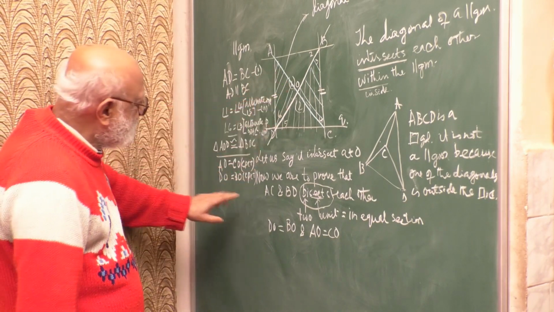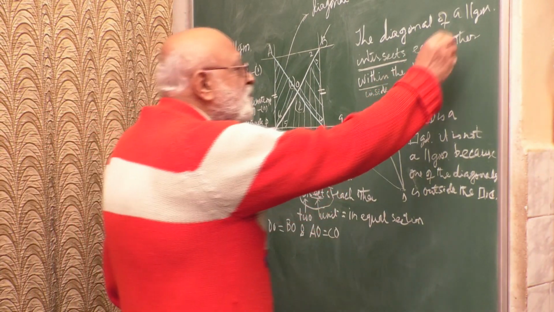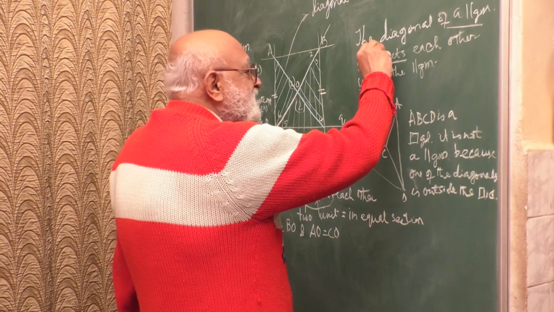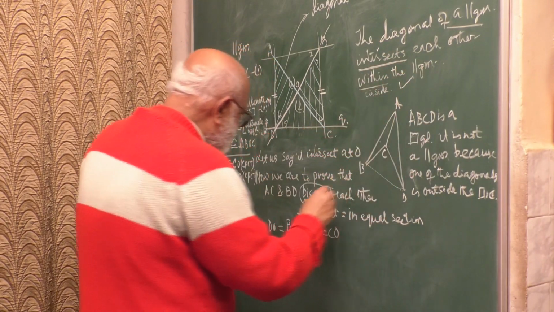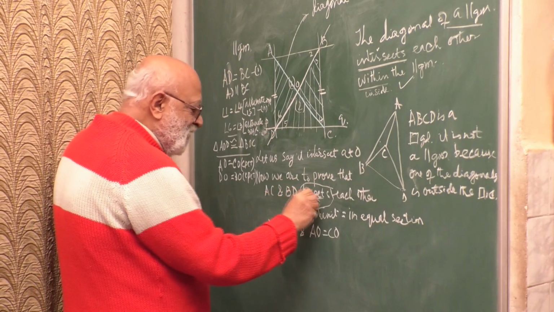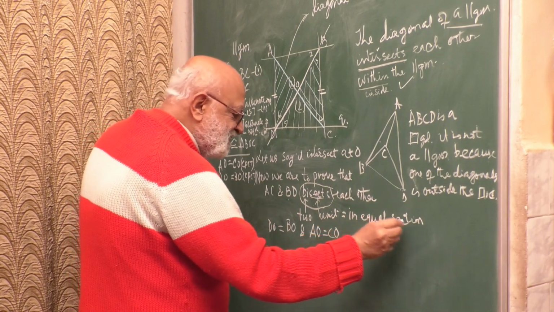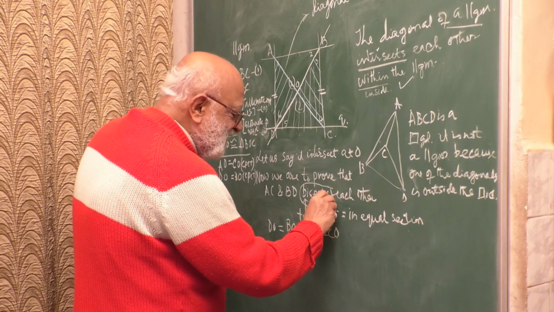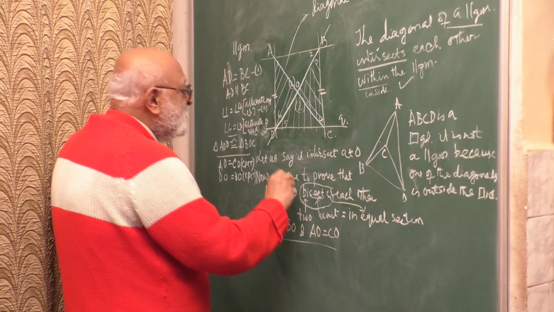So the diagonals of a parallelogram intersect, and we have proven that AC and BD bisect each other in equal sections. Bisects means in equal sections, and this has been proven.